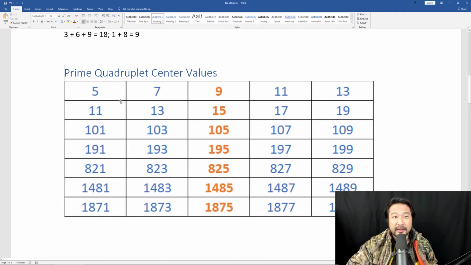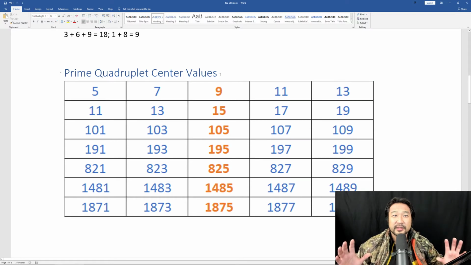Now, there's not a lot of prime quadruplets. I mean, under the number 2000, this is it. So 5, 7, 11, 13 are prime numbers, but they're the closest prime numbers that are set together.